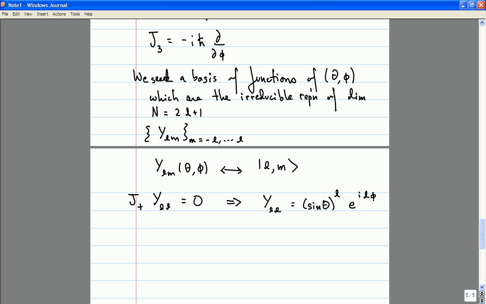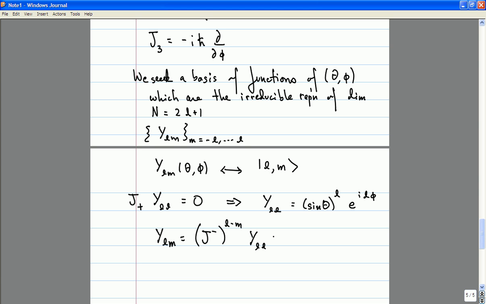The only point that I'll mention is that it has an e to the i L phi. That's just the statement that the eigenvalue under J3, which was d by d phi, is equal to L. It's got some function of theta that's found by solving that differential equation and demanding that everything is normalized properly. And then the Y_LMs are found by acting with J minus, which again is some linear differential operator, on Y_LL.